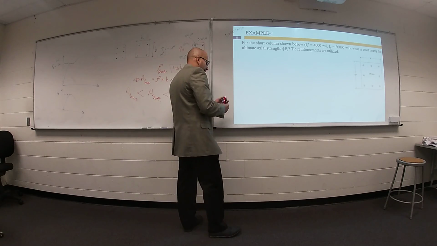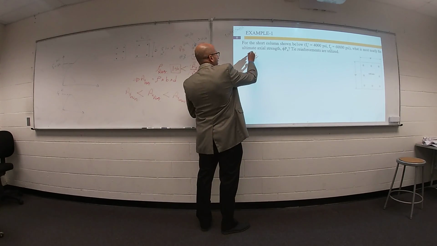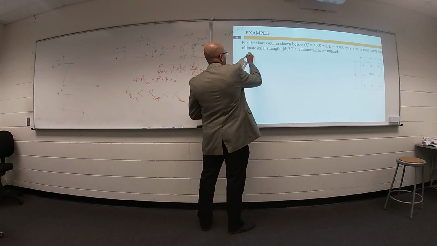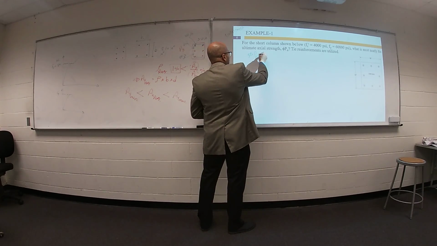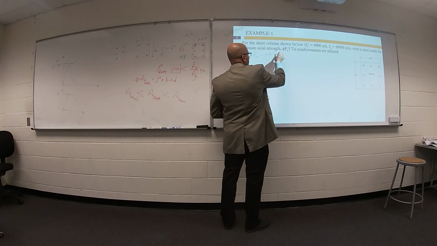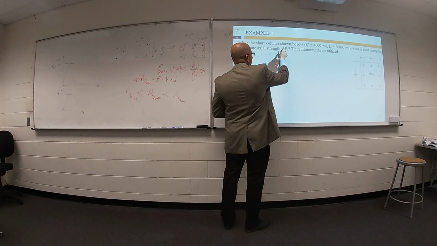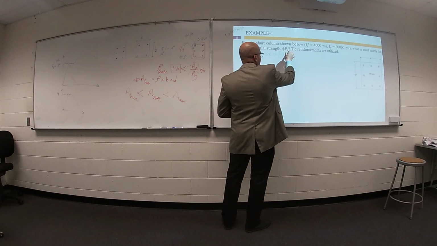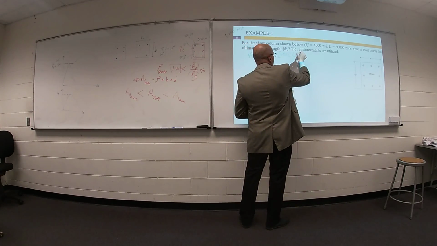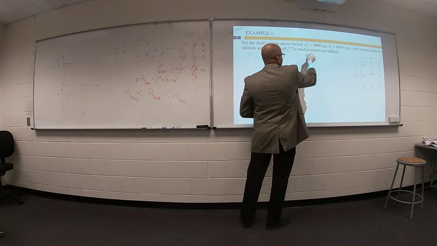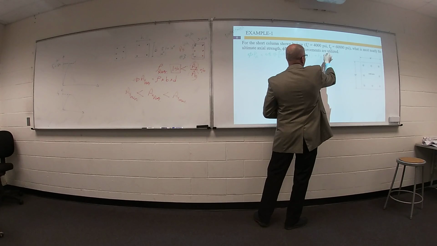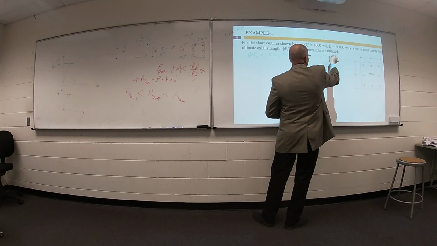So phi Pn equals phi times 0.8 times 0.85 f'c times (area gross minus area steel) plus fy times area steel.